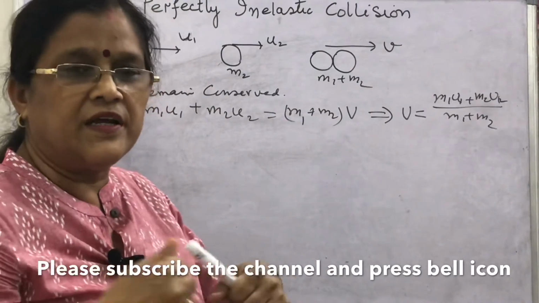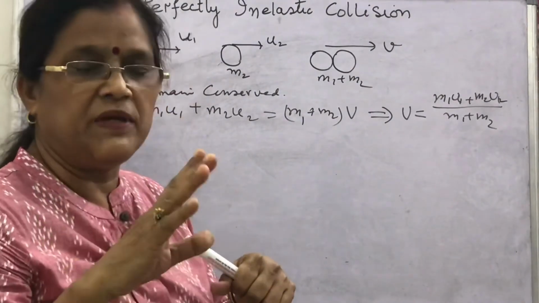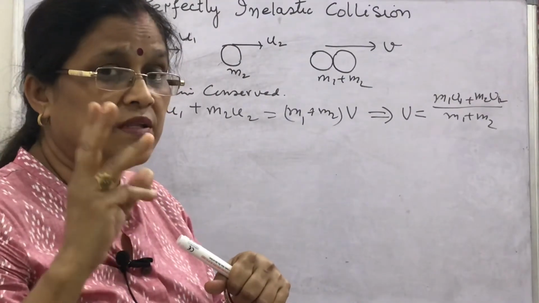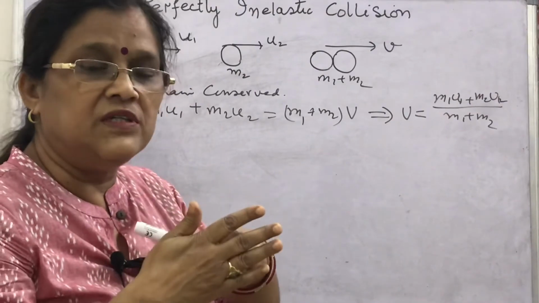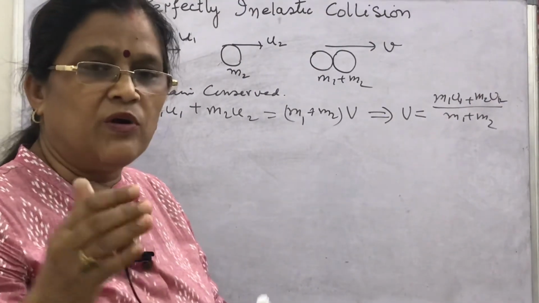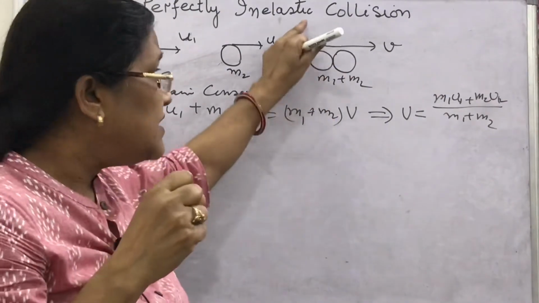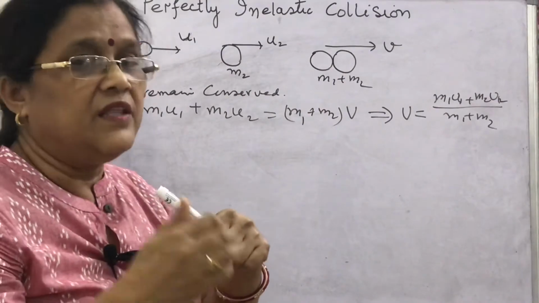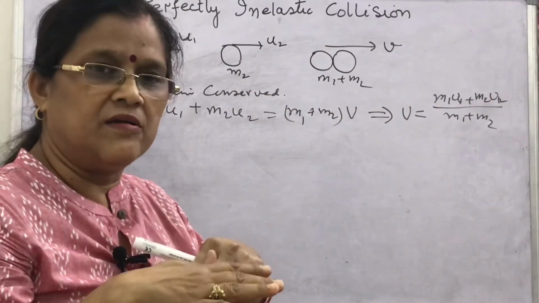Whatever kinetic energy is transformed into other forms, it remains. So what is the point? Third point, the kinetic energy initially before collision is more than after the collision. Why? Because the objects colliding in the inelastic collision are stuck together, they do not get their original shape back.